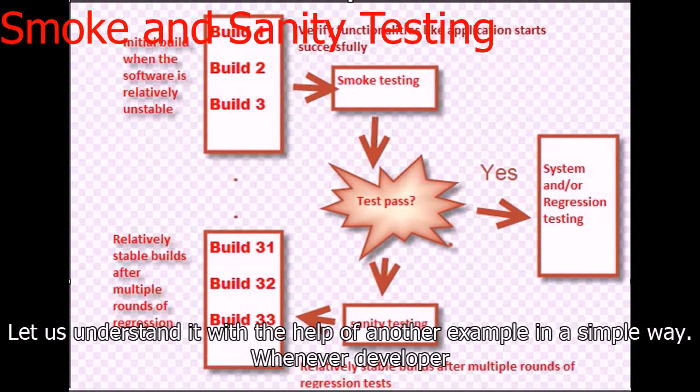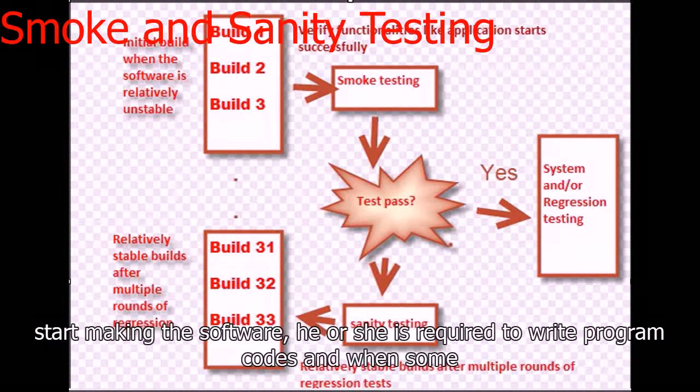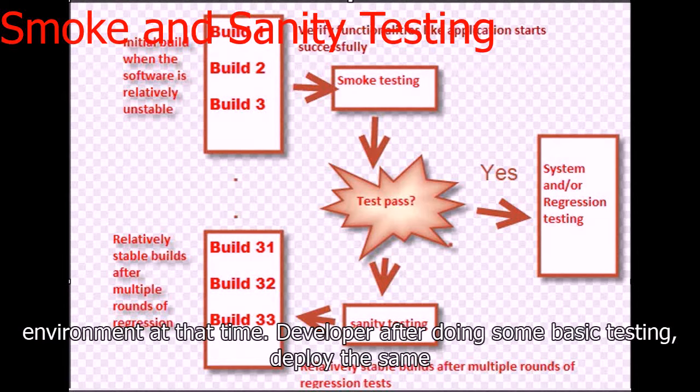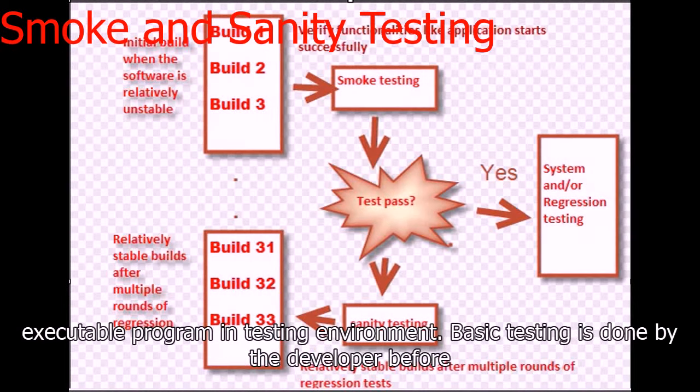Let us understand it with another example in a simple way. Whenever developers start making software, they are required to write program code. When some features are developed, they create an executable program file in the development environment. At that time, developers, after doing some basic testing, deploy the same executable program in the testing environment.